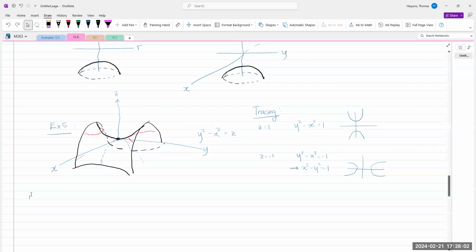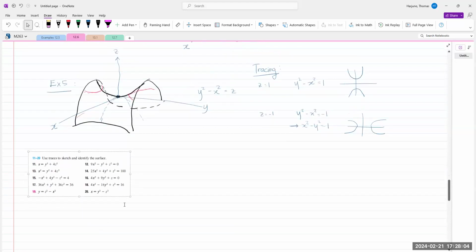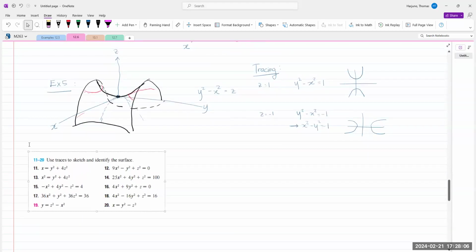I picked this from section 12.6 in our textbook. It says use traces to sketch. No, I will not use traces. You can if you want to, but you don't need to. We will try to sketch the graph from the equations.